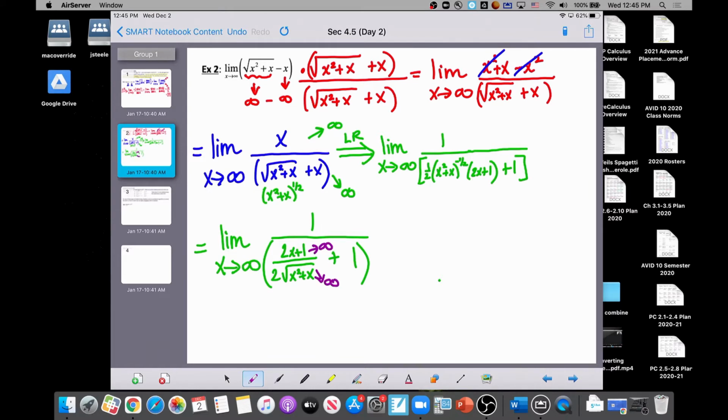Okay? And so, this is very messy right now already. And we still have infinity over infinity in our denominator.